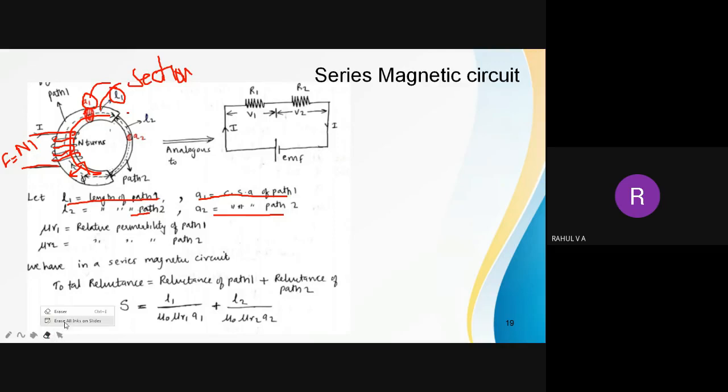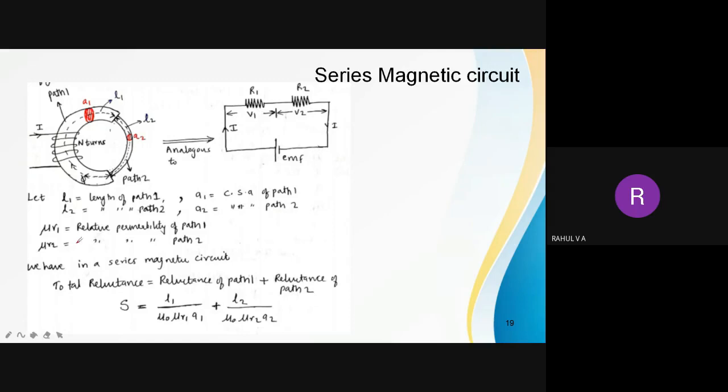And maybe it may be of different material. So mu R1 is the relative permeability of path 1 and mu R2 is the relative permeability of path 2. We know that mu is permeability, mu is actually mu 0 mu r, where mu 0 is a constant, 4 pi into 10 raised to minus 7.